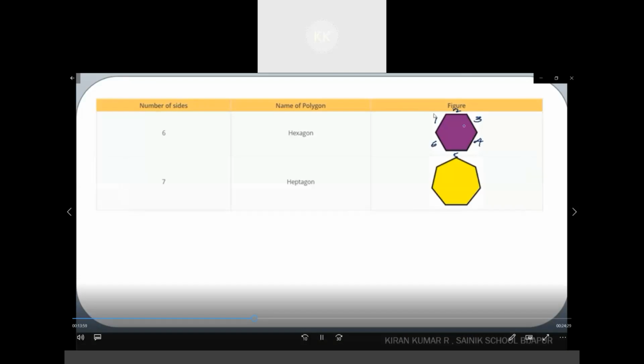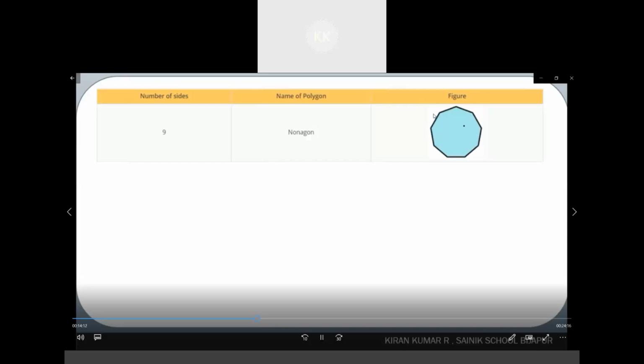If 7 sides are there, it is heptagon. If 8 sides are there, it is called octagon. If 9 sides are there, it is called a nonagon. If 10 sides are there, it is called a decagon. If in general n sides are there, it is called n-gon.